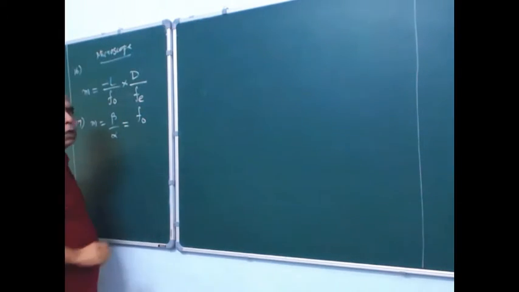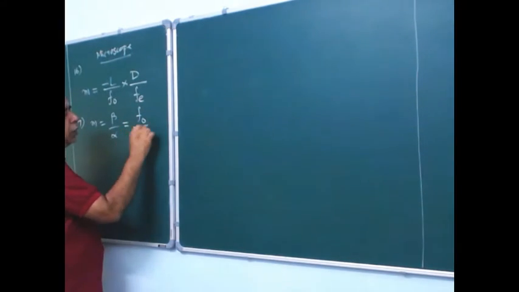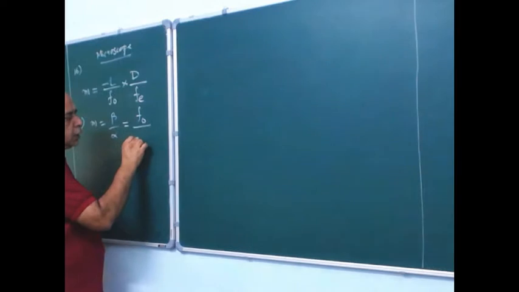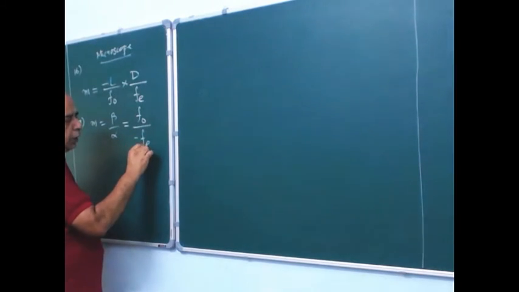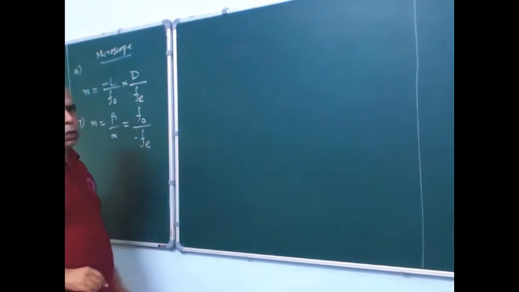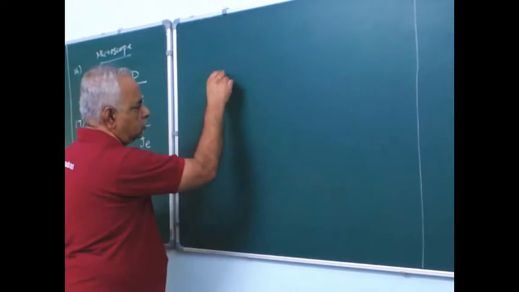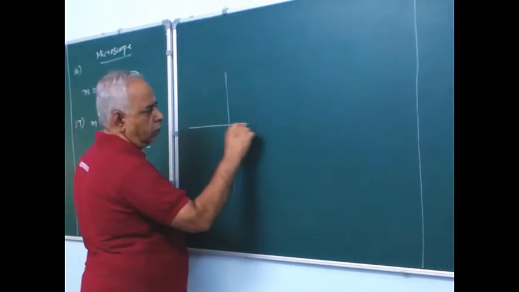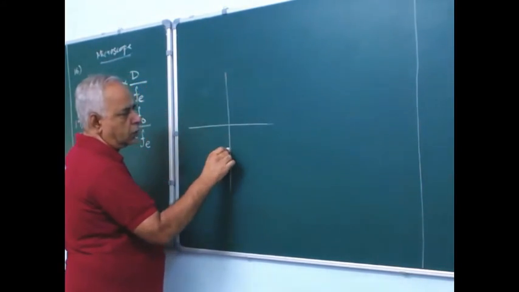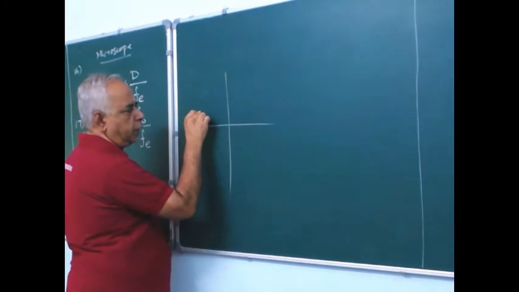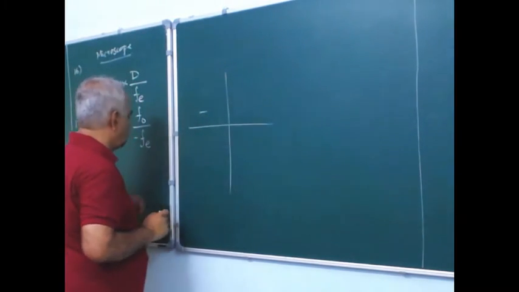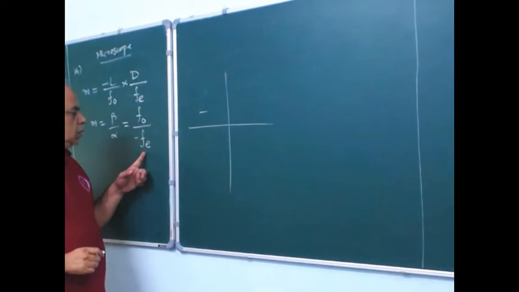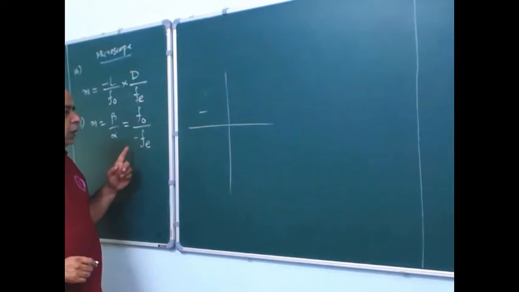Focal length of the objective lens divided by minus FE. You must remember, according to the Cartesian convention, when the lens is kept at the center, on the left it should be negative. As far as the eyepiece is concerned, the object is at the left side, so we have introduced the minus here. Are you able to follow this?